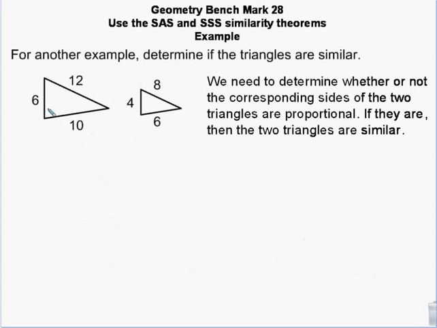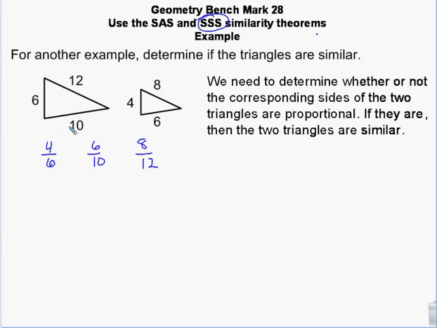Okay, for the next one we have the 3 sides. So we're going to try for side, side, side similarity. So I need all 3 sets to be proportionate to each other. So I will have 4 over 6 as one, 6 over 10 as another, and 8 over 12 as the final one. So if I cross multiply here and then cross multiply here, I should get the same number for both of those.